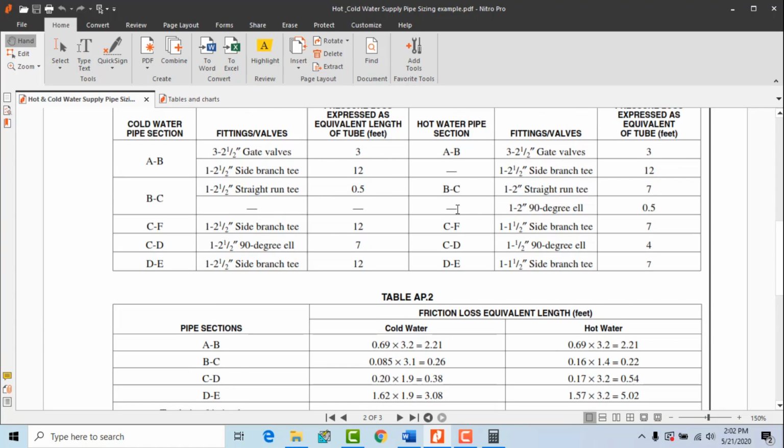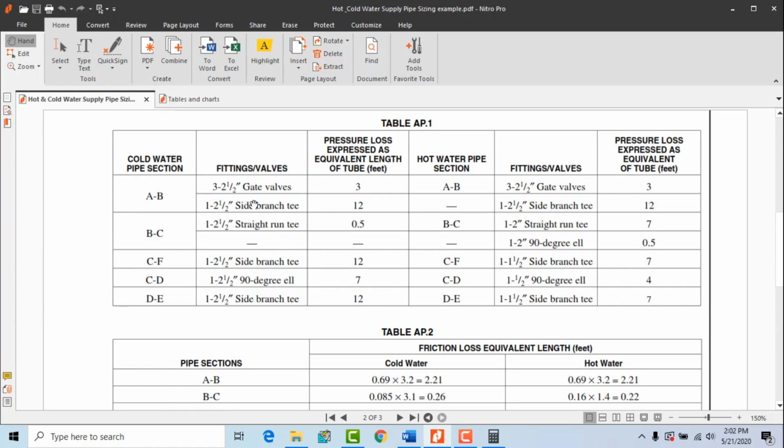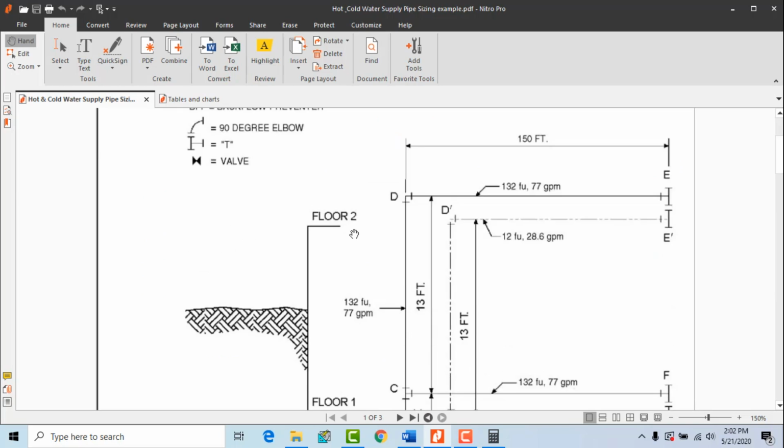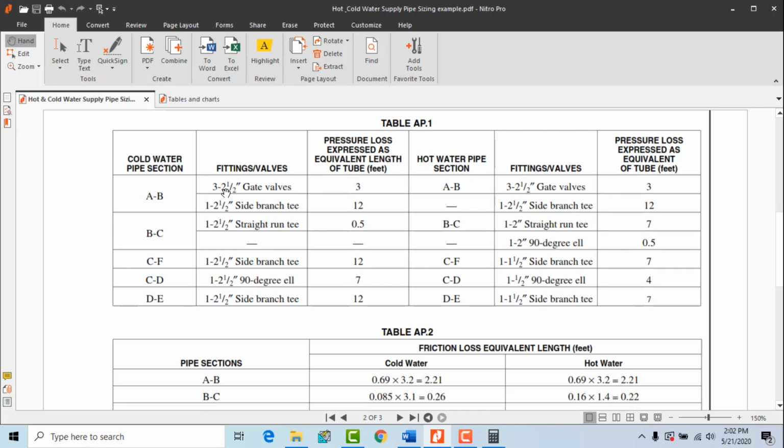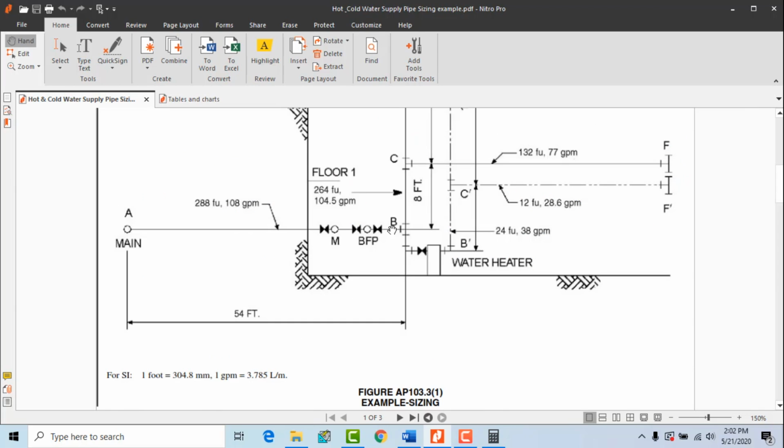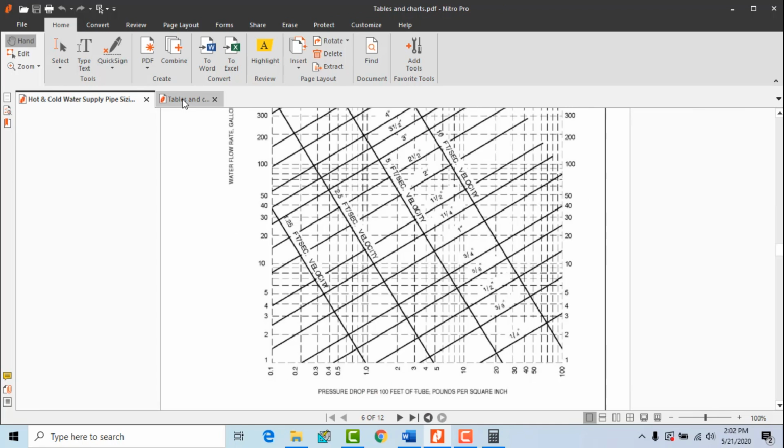If you move to the drawing, A to B, we have 1, 2, 3 gate valves and 1 side branch T. We already know the size, so that is three 2.5 inch gate valves and one 2.5 inch side branch T. This is the side branch T over here.